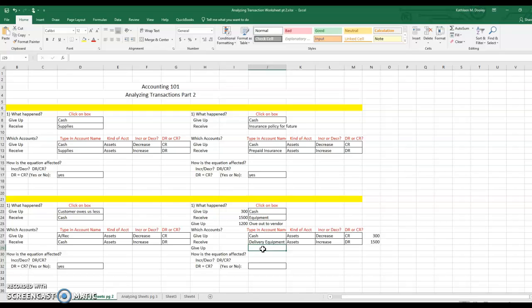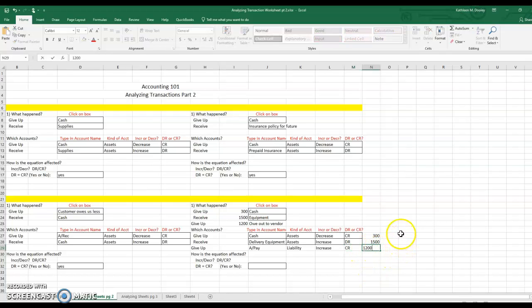And then we have our other give up, where we owe out to vendor. On the chart of accounts, that is accounts payable. When we owe out to others, that's a liability. We owe out more than we did 5 minutes ago, so that's an increase. An increase in a liability is a credit, and that was $1,200.